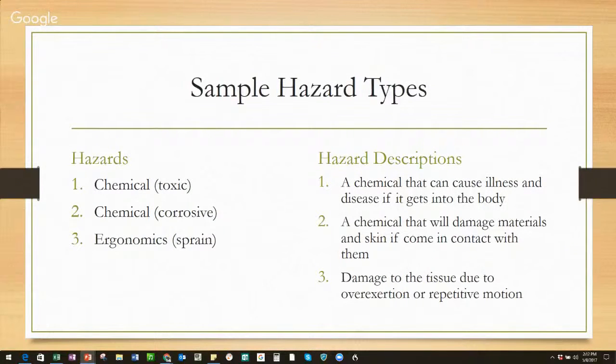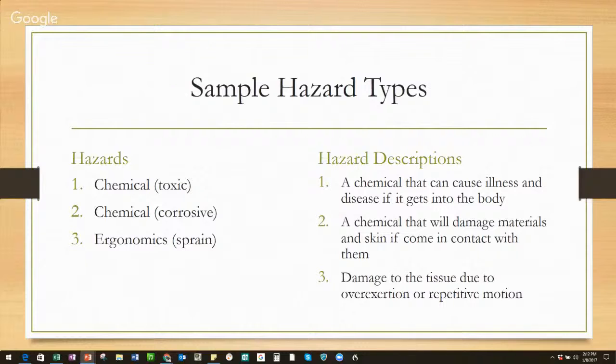There's a whole bunch of these, so I just broke down three so you can see. A chemical hazard could be a toxic chemical, or it could be a corrosive chemical. An ergonomic issue could be spasms or a sprain, or some type of issue involving your back or repetitive motion. That would be another type of ergonomic hazard.